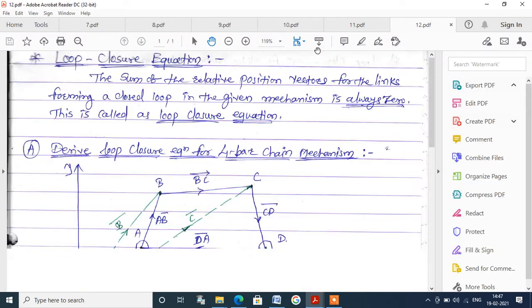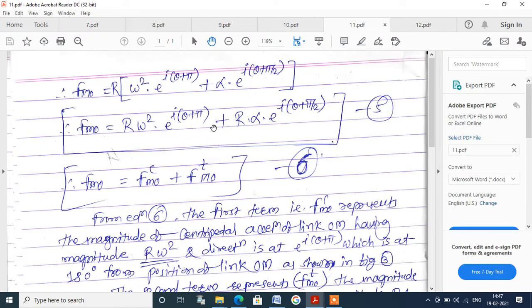Now here, I have told you, we get R omega square e raised to i theta plus pi plus alpha e raised to i theta plus pi by 2. So multiply R into the square bracket. So we get R omega square e raised to i theta plus pi plus R alpha e raised to i theta plus pi by 2. So this first component is called centripetal acceleration and the second component is called tangential acceleration.